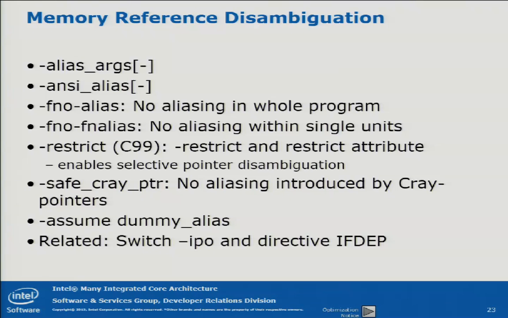And for C, you got something like alias args, ANSI alias, no aliasing, no function aliasing, the restrict keyword. So these are all options to tell the compiler what type of aliasing to expect. If you don't say anything, the C compiler basically assumes that a pointer is pointing somewhere in the memory, and if it cannot detect where it points, it assumes that it overlaps with anything else.